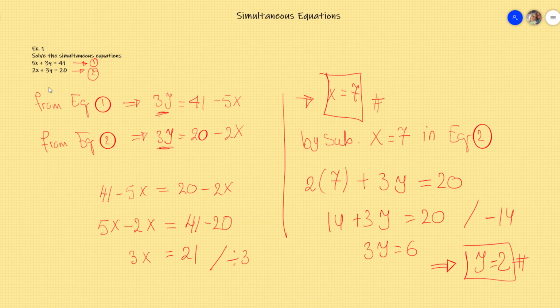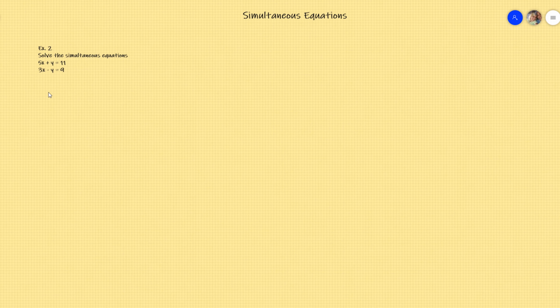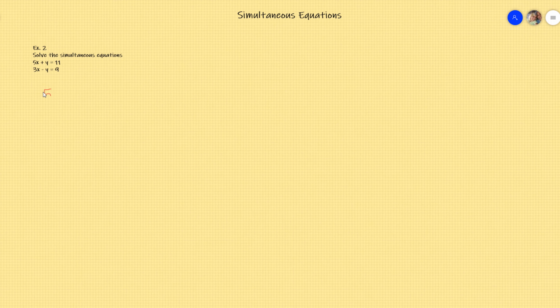So now we used substitution, and let's go for the second example. In the second example, solve the simultaneous equation 5x plus y equal 11 and 3x minus y is equal 9. Let us write it again for a clearer visual.